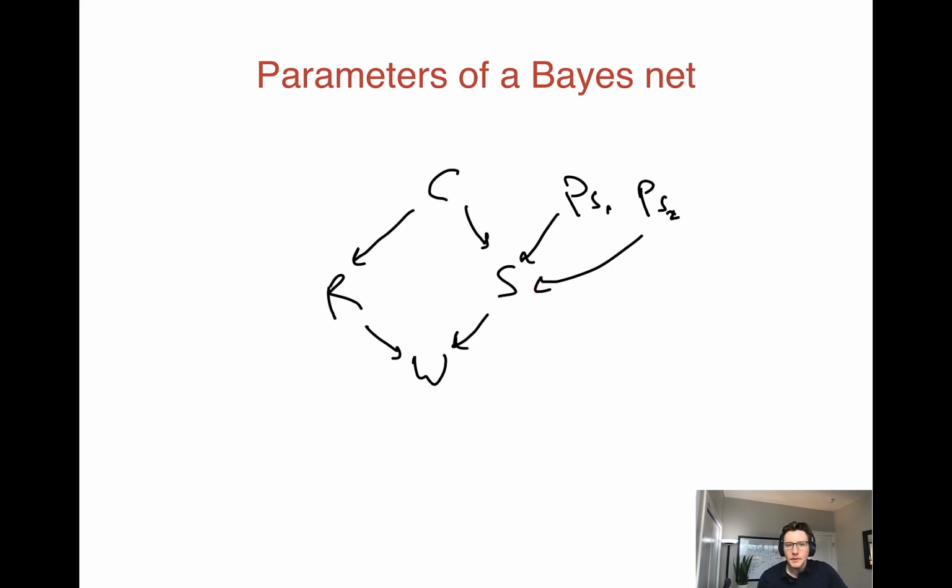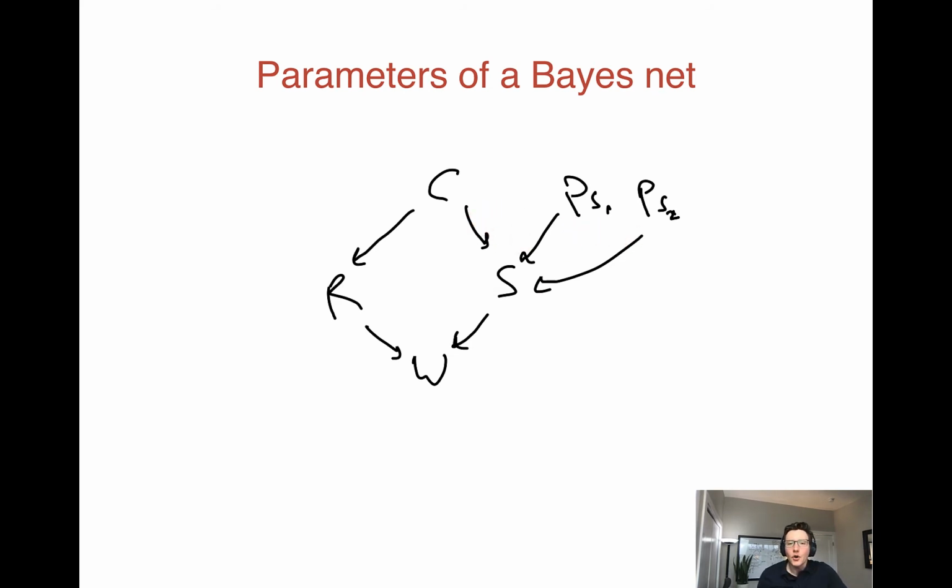It's worth thinking a little and convincing yourself that they should be parents of S and not, let's say, parents of C. We think of them as sort of modifying this edge here. But the way to realize that they should be parents of S and not parents of C is that when you try to figure out what C is, you don't need to know what the probability of S is at all. But you do need to know those probabilities when you go to figure out the value of S. So you're going to need to know these three things here.